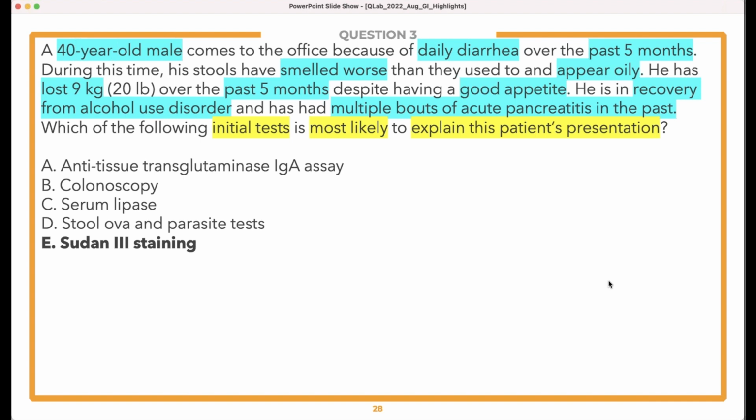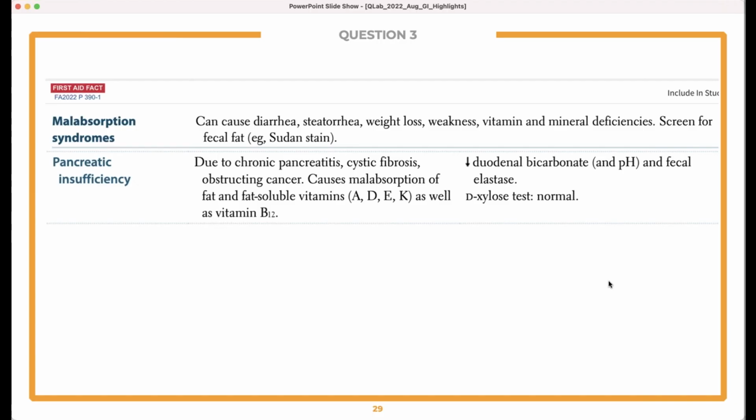Let's take a look at the next slide, and you can see in this table in First Aid that goes over these malabsorption syndromes, pancreatic insufficiency is one of them. You can see there at the very top that most malabsorption syndromes can cause diarrhea, steatorrhea, weight loss. And you would screen for this by testing if there's a lot of fat in the fecal material.